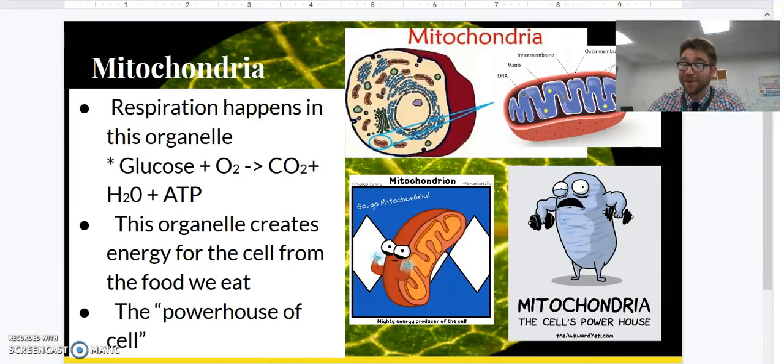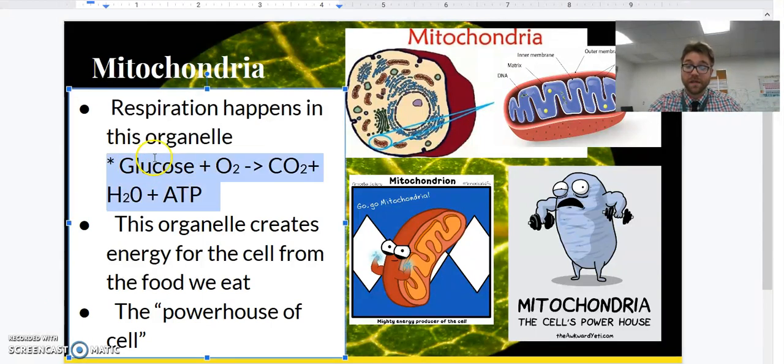Another key organelle, another super important organelle, is the mitochondria. Mitochondria is where respiration happens. Remember, respiration is one of our properties of life, and it happens in this organelle. Respiration is when we turn nutrients into energy, and we need to remember this chemical formula.